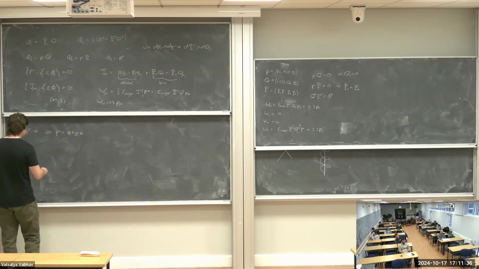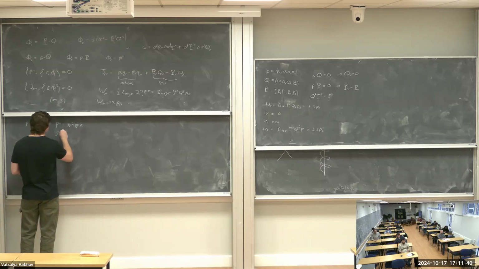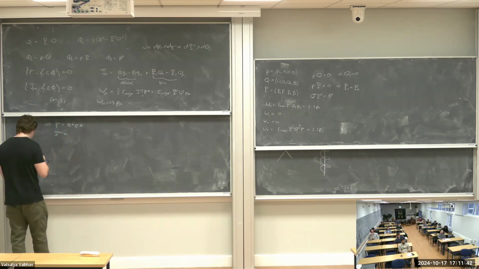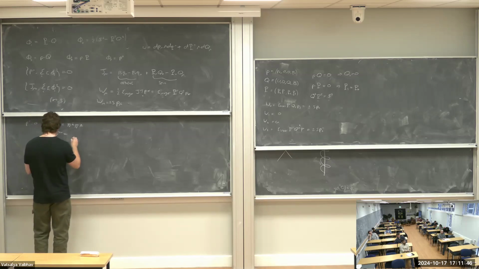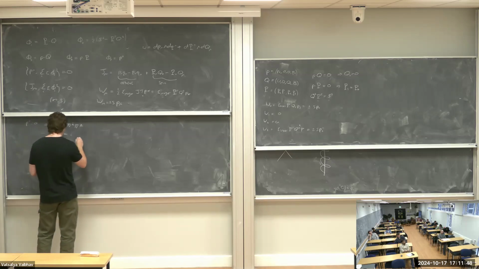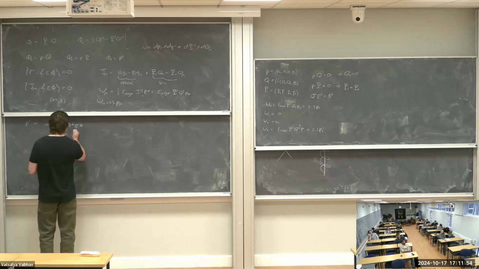And the angular momentum, and this I just pulled out of Penrose and Rindler, is i times omega. Maybe I shouldn't use omega because that's my symplectic form. We call this eta.